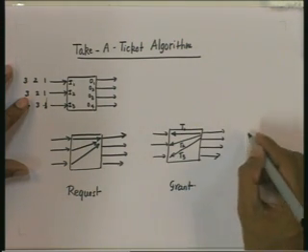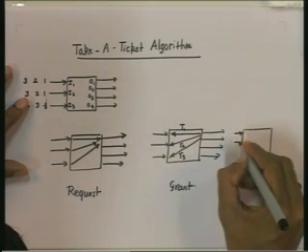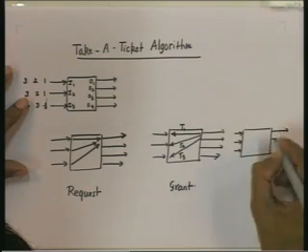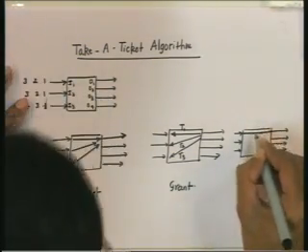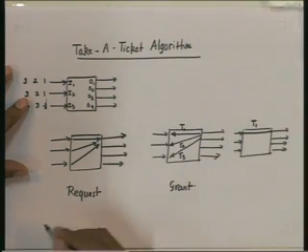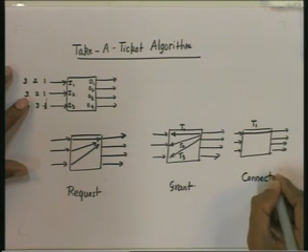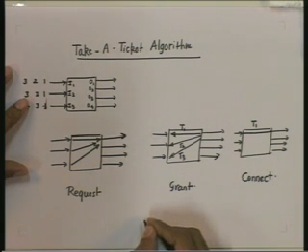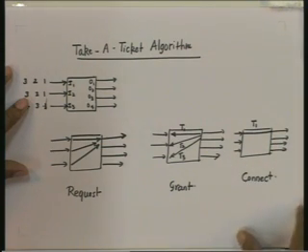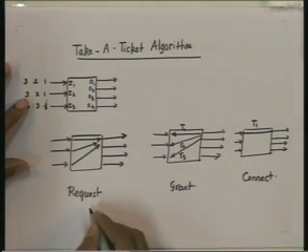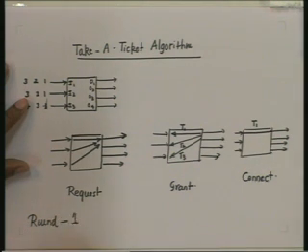Now the first time, the connect phase would be that input port 1 would be sending a packet. This is the T1 time. This is the connect phase, and this is round 1.